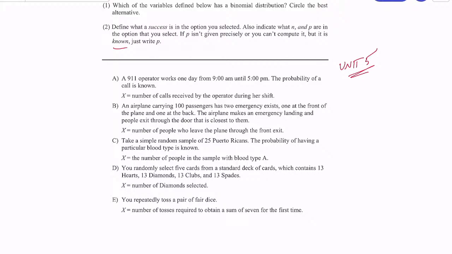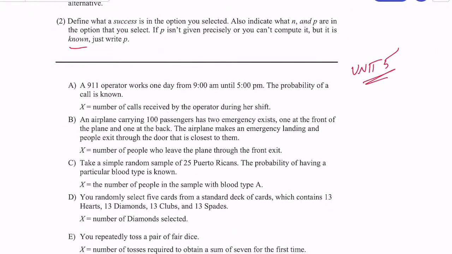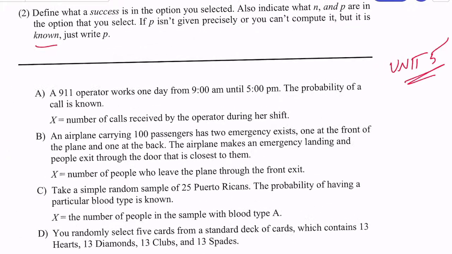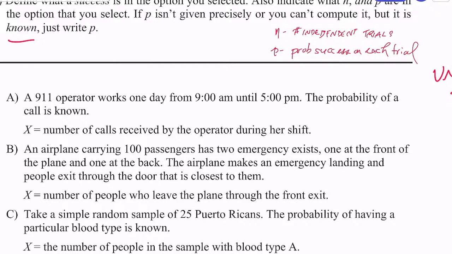N is the number of independent trials, and P is the probability of success on each trial.